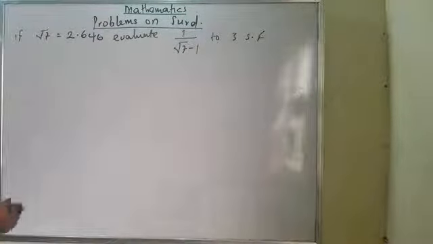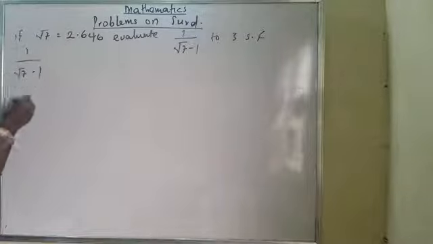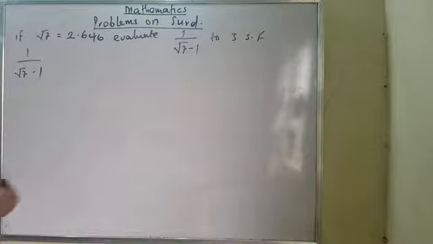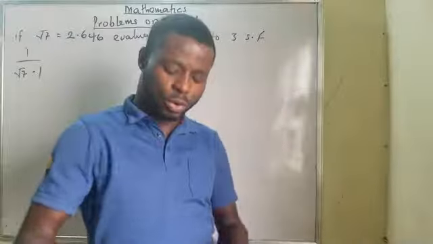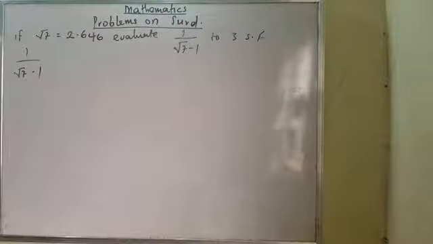Now, since I have this, I can say that 1 all over root of 7 minus 1. Please don't expand, don't take it to the last edge. Now, what I have here, I will conjugate and rationalize. How do I conjugate and rationalize?